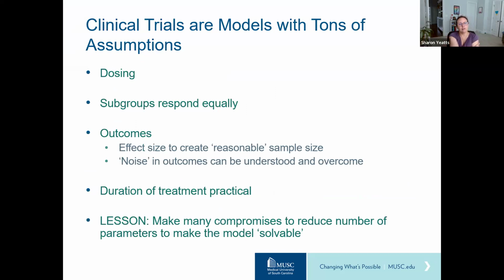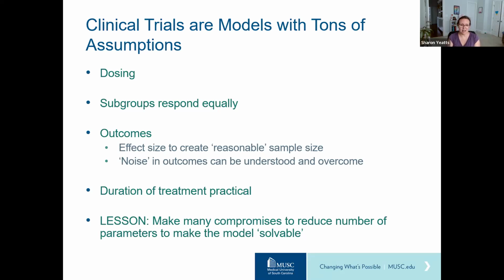Okay, so we're going to start by talking about clinical trials, and effectively, any trial that we are designing is a model that is based on tons of assumptions. And some of these assumptions are obvious and some of them maybe are not. But we make assumptions about dosing, right?